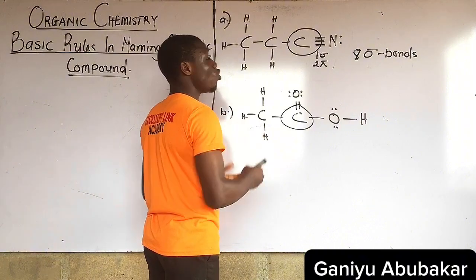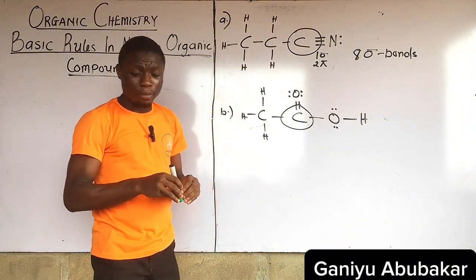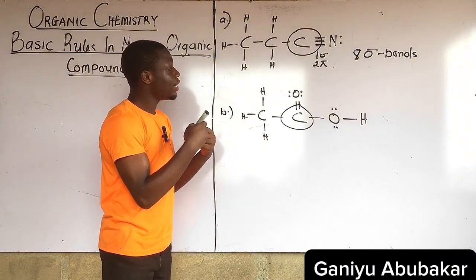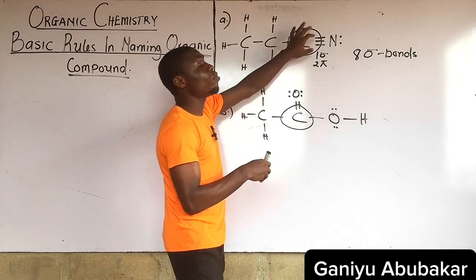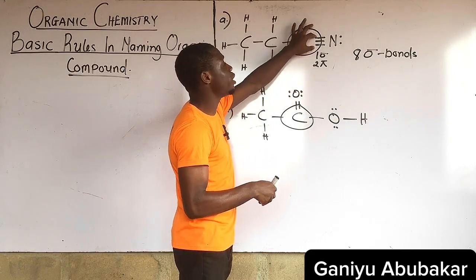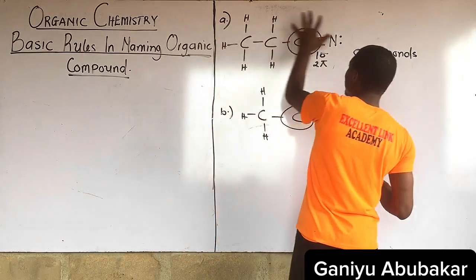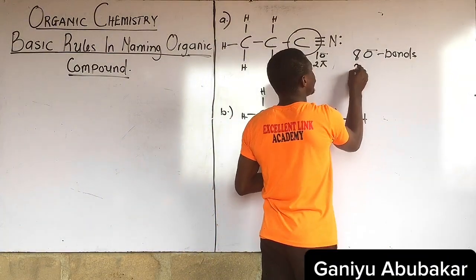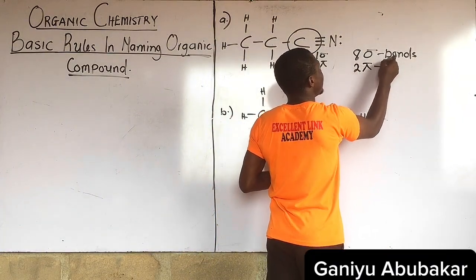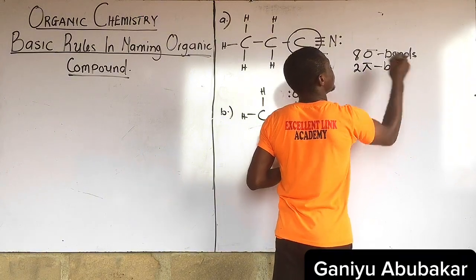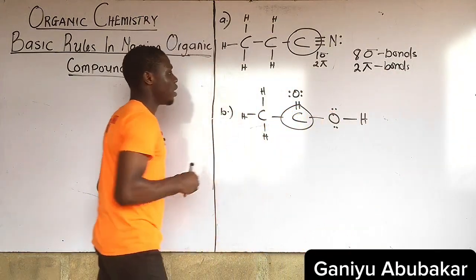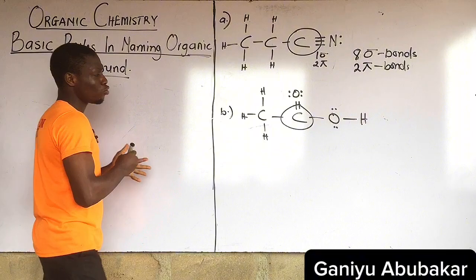We said pi bonds occur majorly in double bonds and triple bonds. I'm seeing a triple bond here, so I'm having 2 pi bonds. For this organic compound, I'm having only 2 pi bonds.